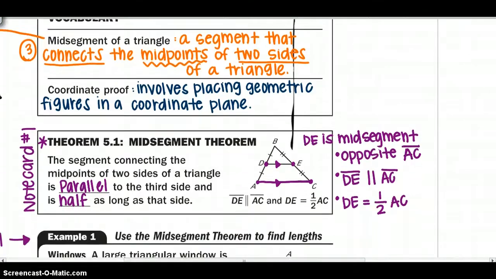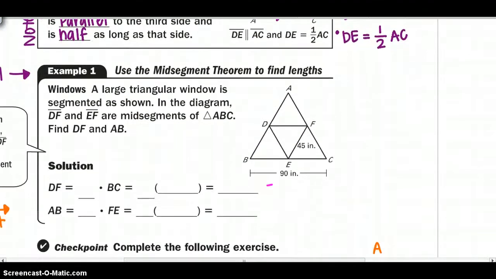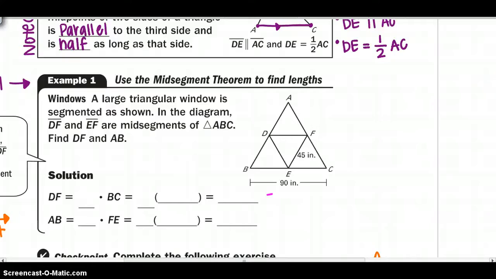So let's check out how we can use this in an equation or a problem. We have a large triangular window with the segment shown, and in this window we know that DF is a midsegment. Some things we know: it is opposite BC.